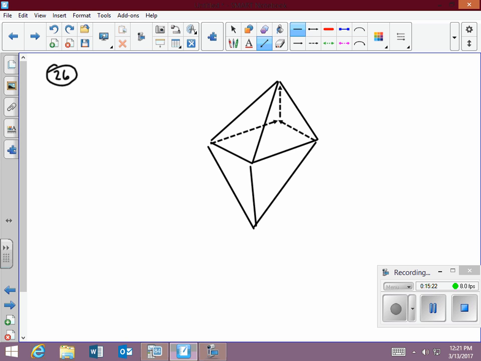Isn't quite from perspective. And each one of those legs is 4 square root of 3. So this is 4 square root of 3, and each one of these are 4 square root of 3.